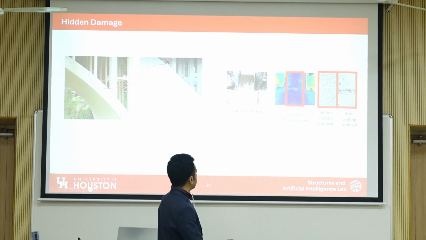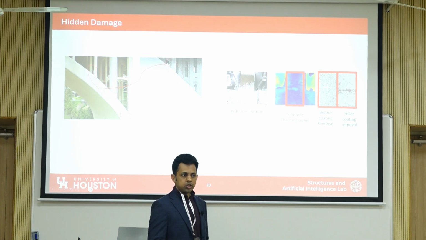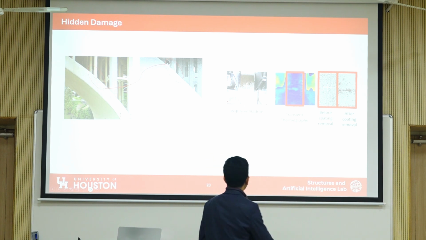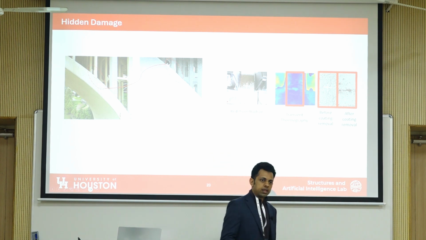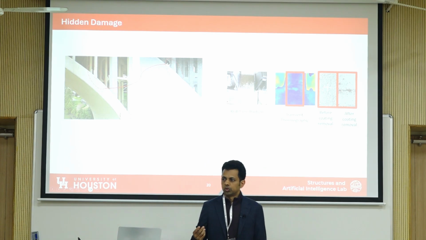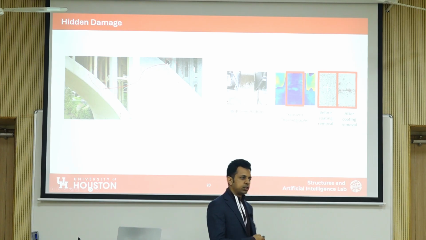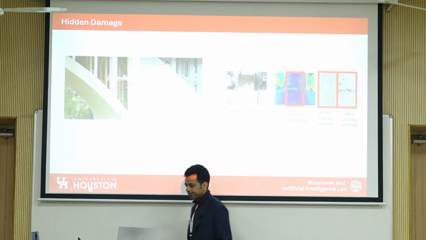And when we scrape off the coating, lo and behold, there's corrosion underneath. So if you have a heat source, then you can also use computer vision to detect damage that is hidden otherwise. For things like delamination, for corrosion, undercoatings, it can be very useful.